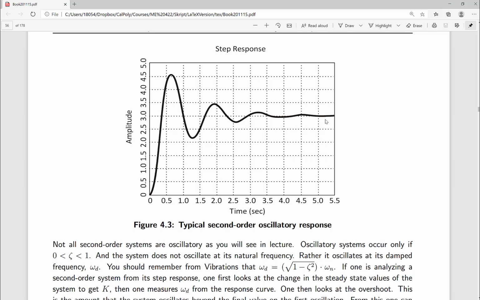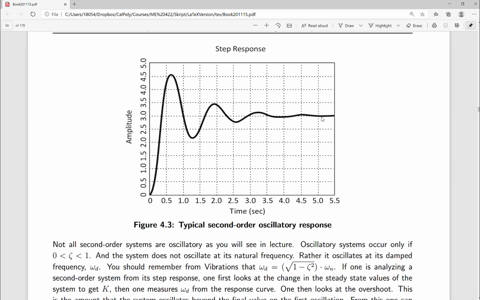So what this value is right here is actually not the size of the gain. It's the size of the change divided by the size of the step. So if we have a unit step, of course that size is 1, and 3 divided by 1 would be 3. So we could then say that our gain of our system was 3. But you do need to know the size of the step before you can determine the gain of the system.